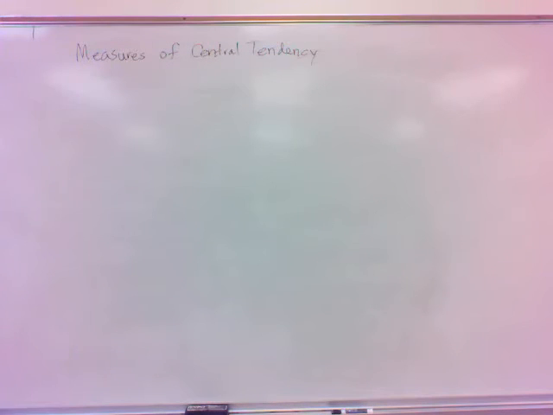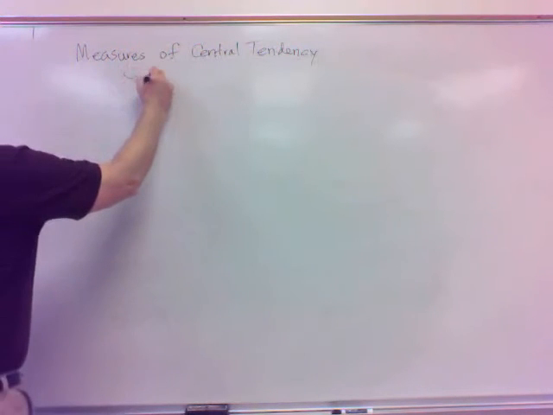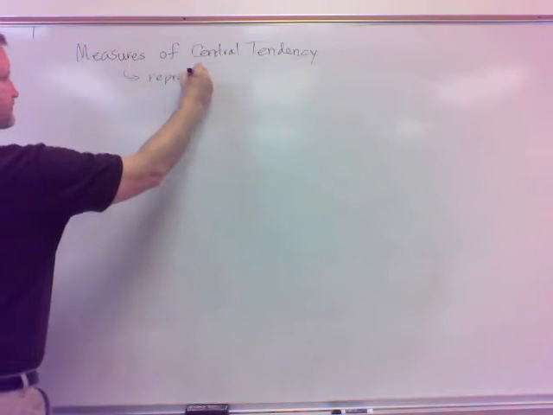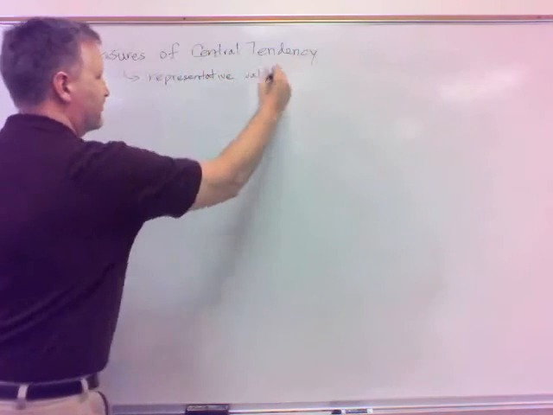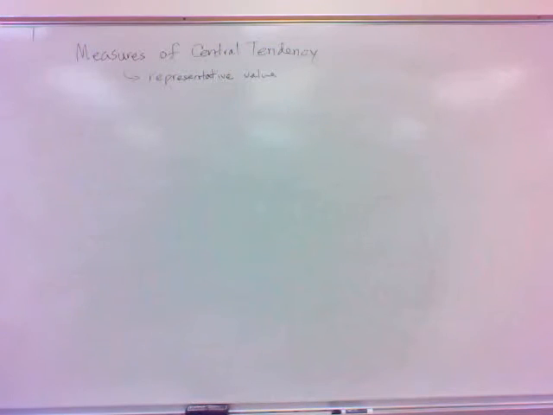The idea is we're trying to find a representative value for the group. We've got all this data. How can we summarize it with a representative value?